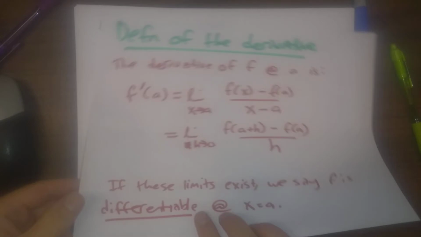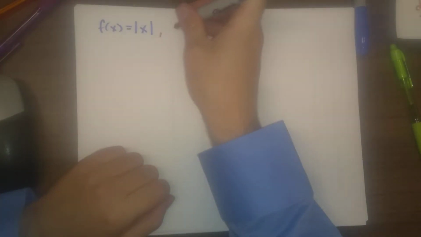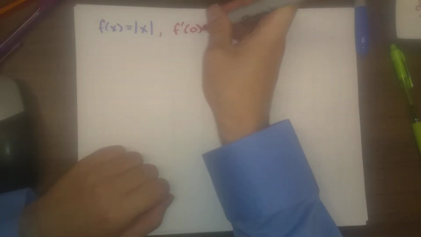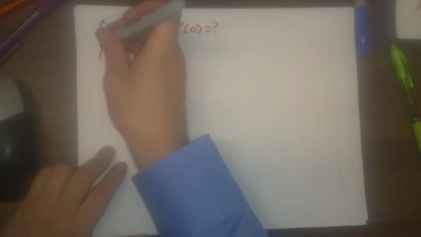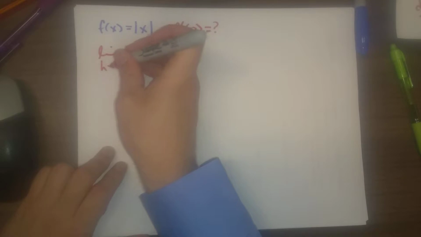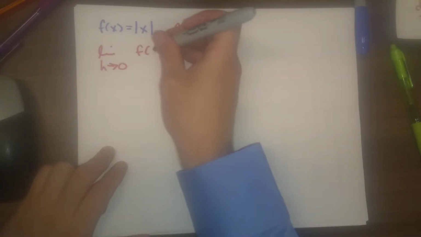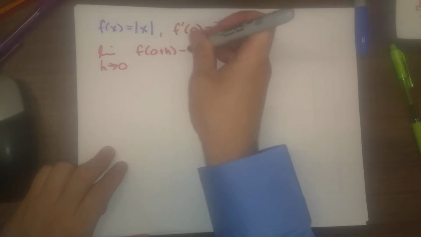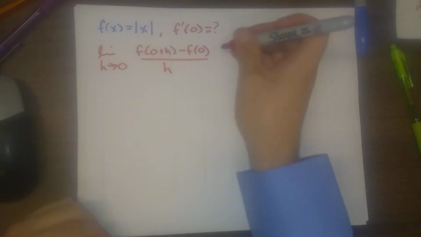absolute value of x. So in order to do this, from the definition, we're going to write out this limit here. And we're going to be looking at what is the derivative at 0. So we're going to compute the limit as h goes to 0 of f of 0 plus h minus f of 0 over h.